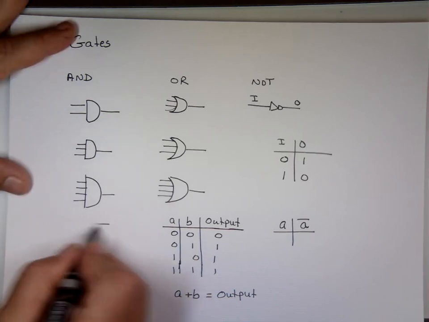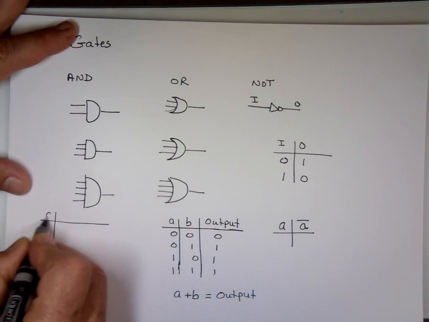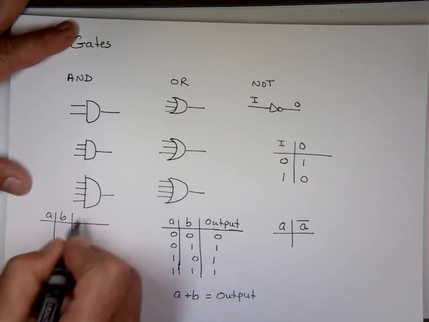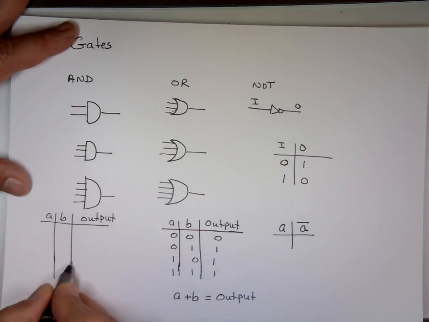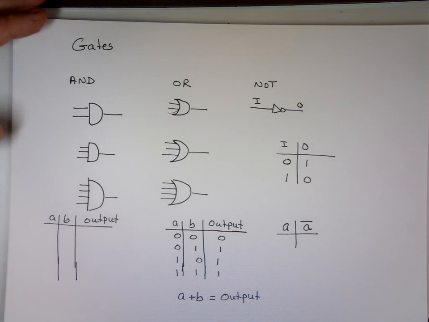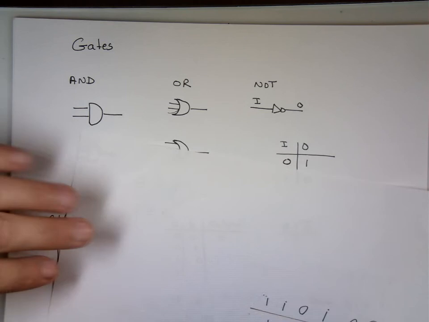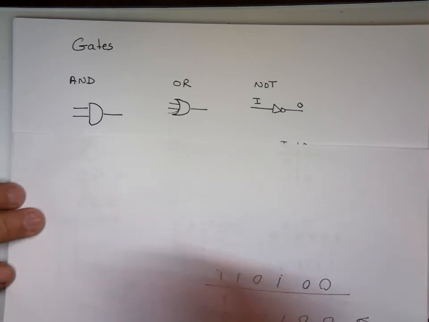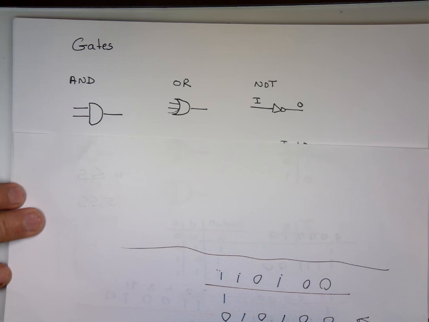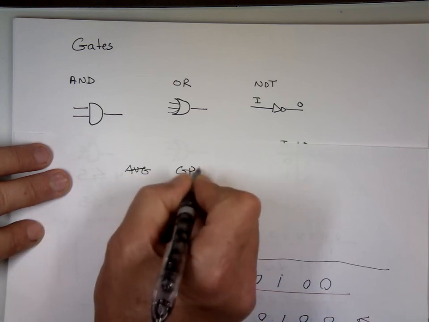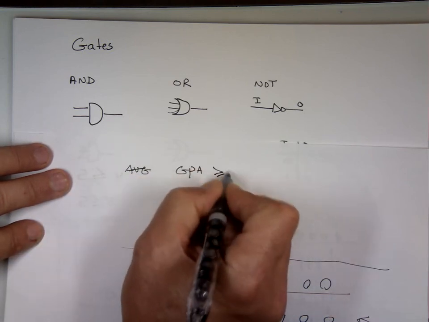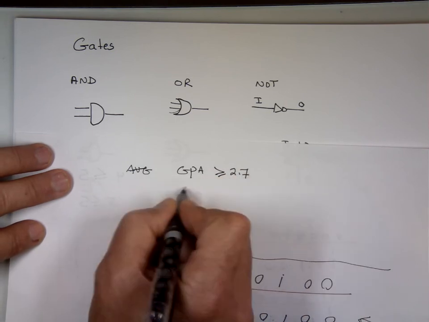Now the AND gate, for an AND one, you have to satisfy both conditions. If I said to you, guess what? The only way for you to go to UMass, the only way, if you have an average or GPA, not average, GPA greater than or equal to 2.7 and graduate from us.